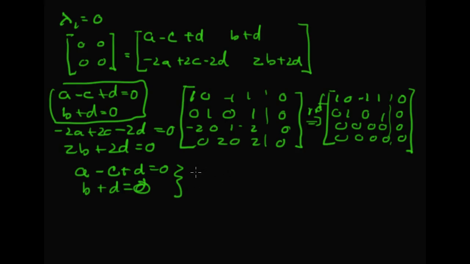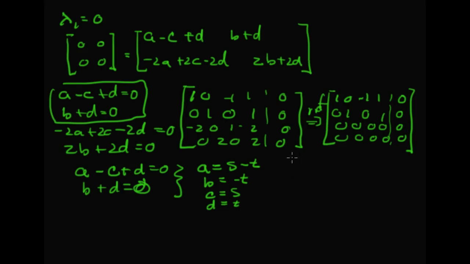So let's let C and D be the independent variables. So A will be S minus T, B will be negative T, C comes out as S, D is T, right? We can play that out and make that all work.